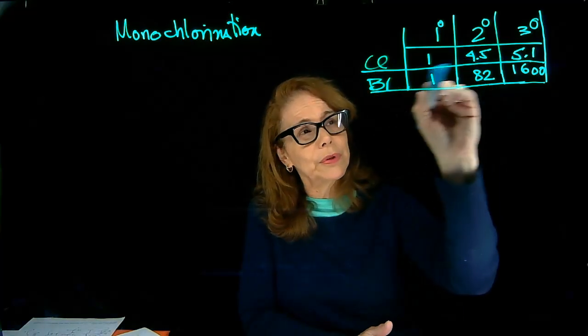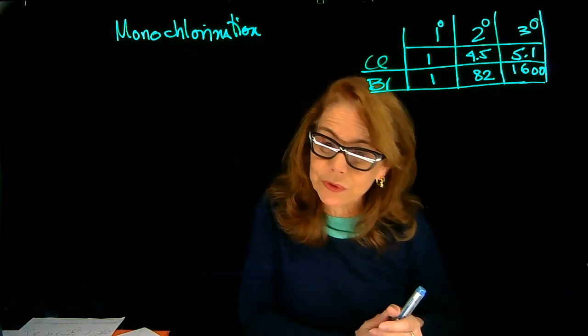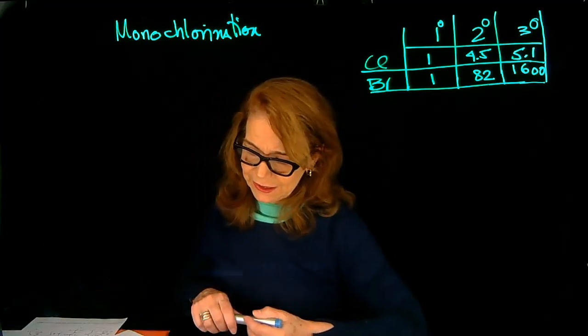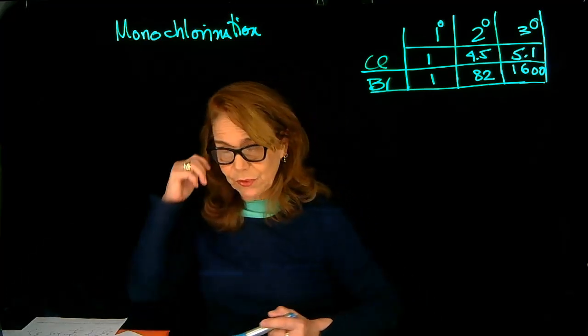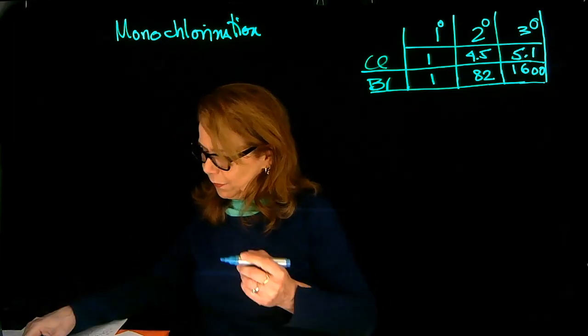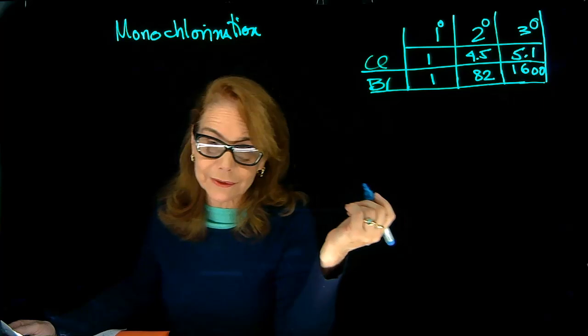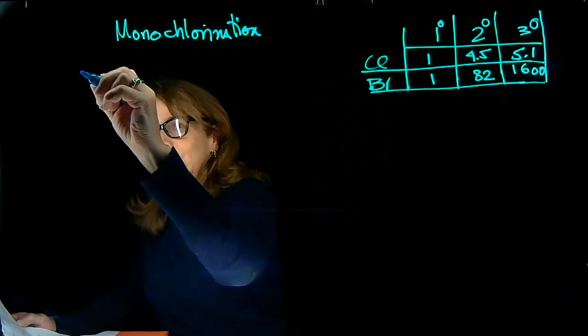When you have chlorination, these are relatively close, and we can get several products. That's essentially that. So we're first going to determine the number of products, and then use that information to calculate yields.